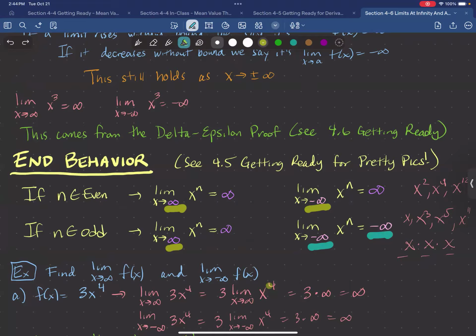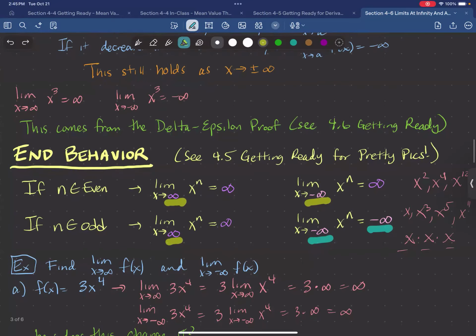And so 4 is an even power. The exponent is even, where no matter what happens, the limit is going to positive infinity. We're multiplying by 3. That doesn't really change it. It's still infinity. We're just going to infinity faster. And the same holds true if we stick in negative infinity. So we're going to get infinity either way.